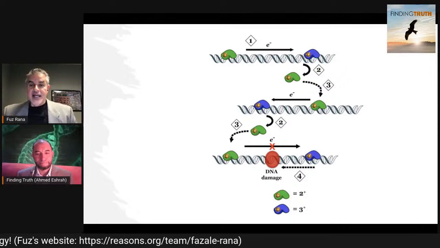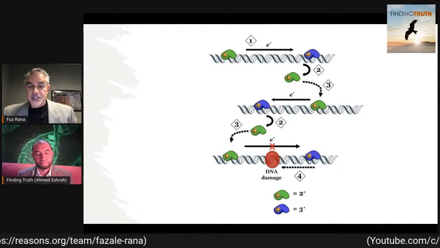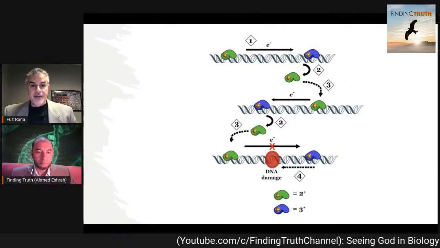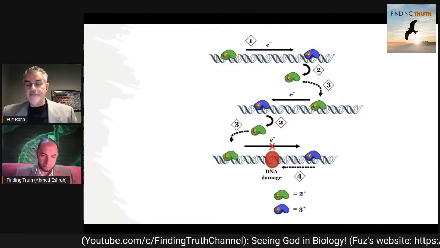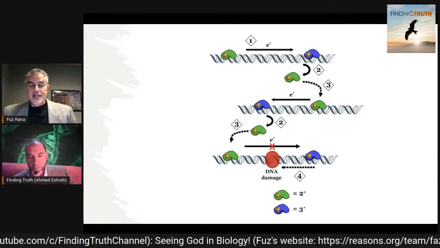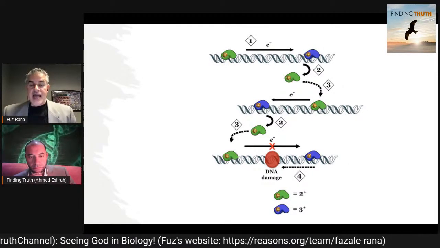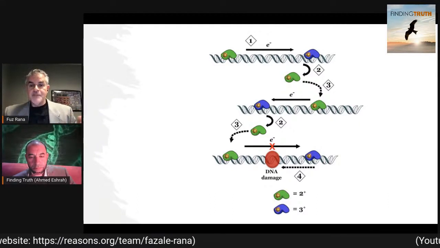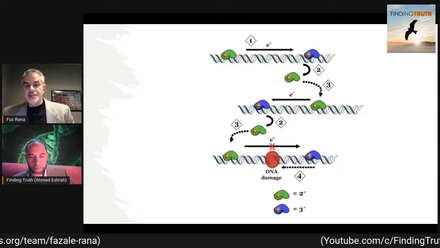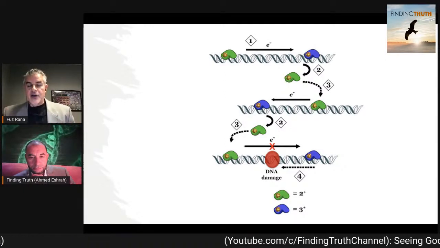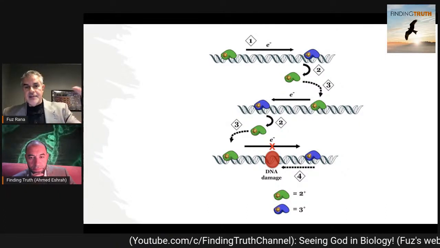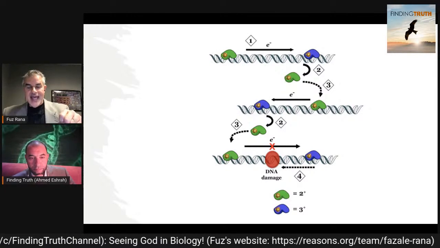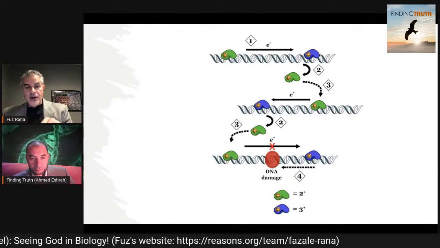One way in which this appears to be done, at least in microorganisms, and presumably also in eukaryotic cells, is that you have surveillance proteins that bind to DNA that have an iron sulfur cluster. There are two different proteins shown in this diagram. When a protein binds to the DNA, it's going to be in its reduced form, and it'll send an electron along the length of DNA.